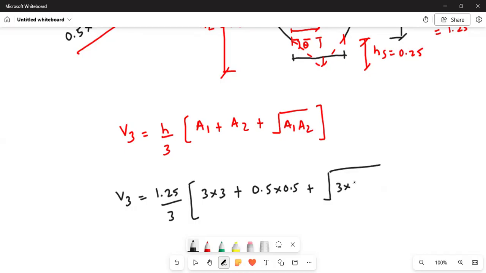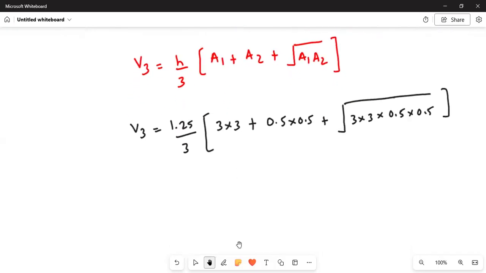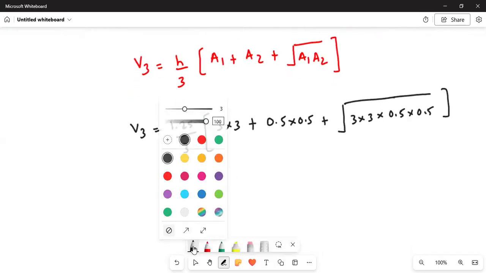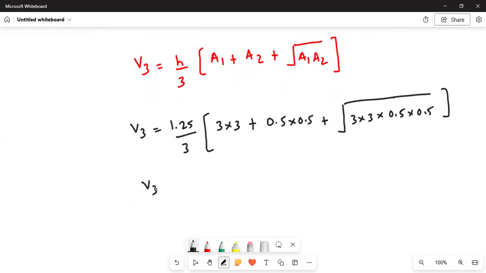A1 is 3 into 3 and A2 is 0.5 into 0.5. So V3 that we are getting here, V3 equal to 4.48 meter cube.